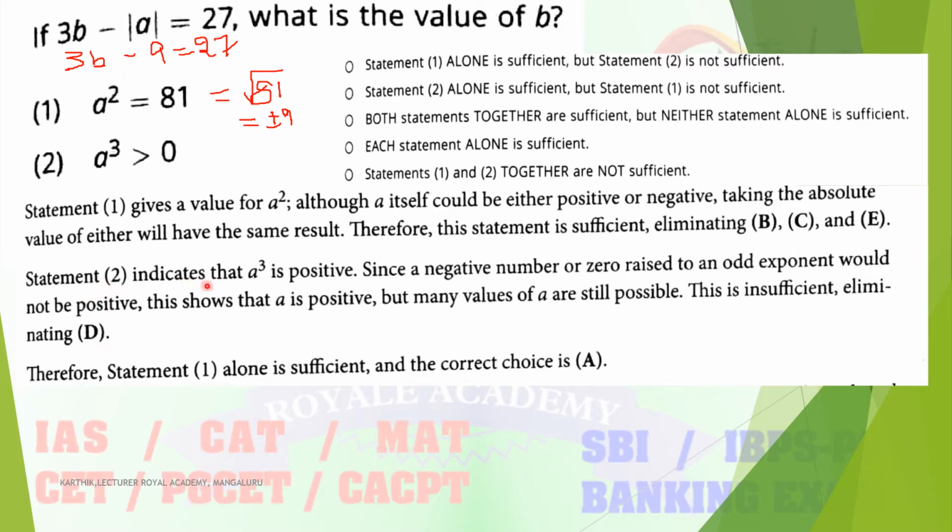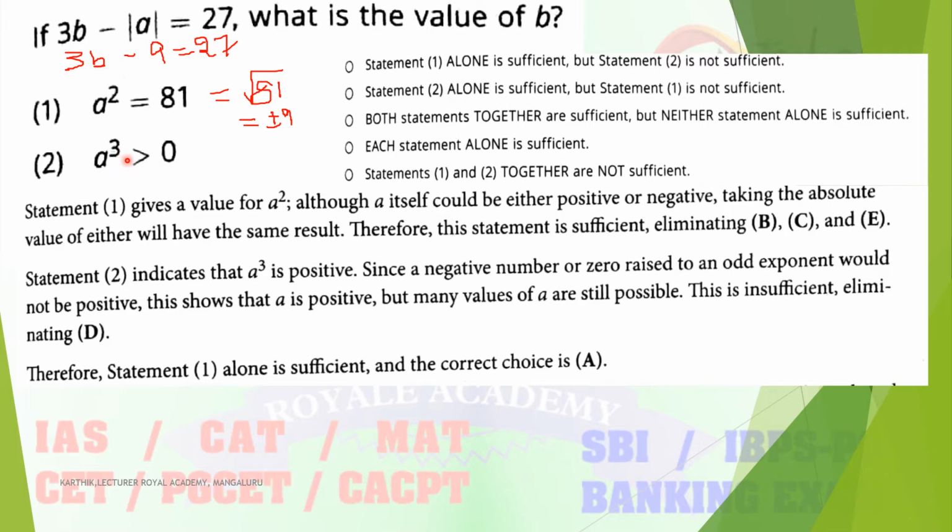The second statement says that a cube is greater than 0. A cube is positive. Here, information about negative numbers or 0 is not provided, so it may be any value. Either 9 or 8, any value is possible.